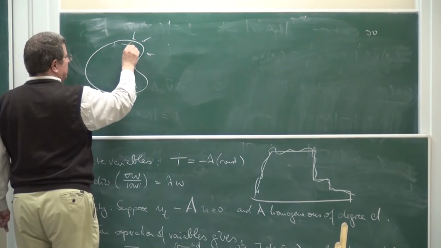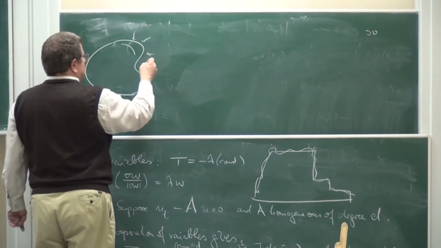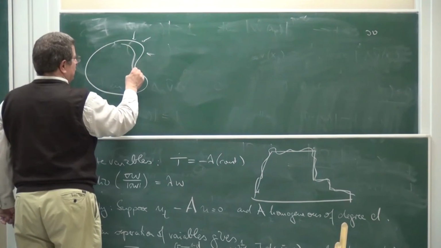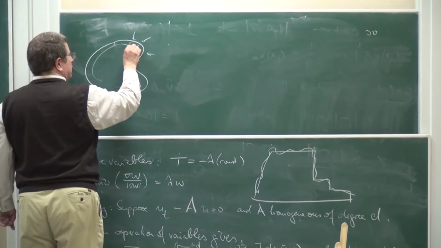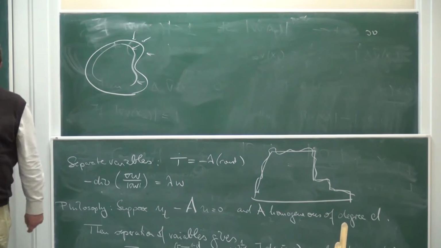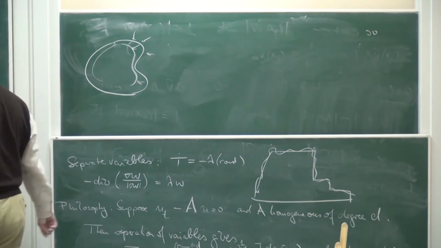Therefore here it will melt relatively fast. Here the heat is not so effective, so there it will melt slowly. So the speed at which this front moves inward is proportional to curvature. That's mean curvature flow, proportional to mean curvature.